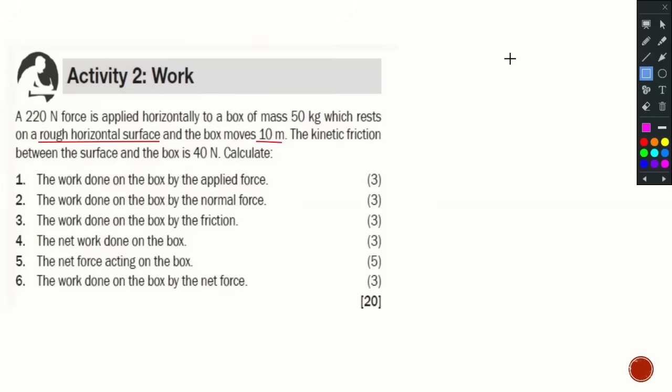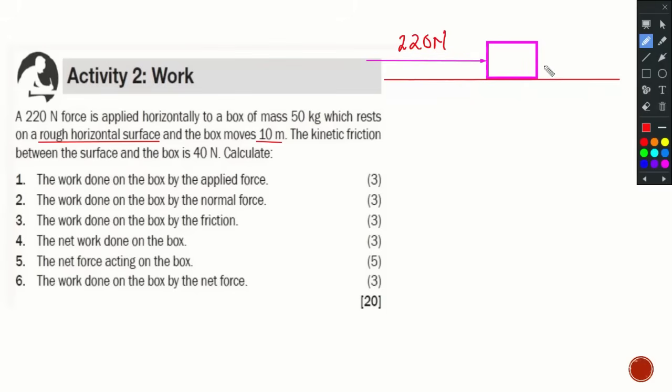Now, every time I solve this, I like to create a scenario of it so that I can easily see what's going on. So I have the force applied of 220. Note that they did not tell me the direction, so I can just say it's moving to the right. So this is 220 Newtons, that's the force applied.